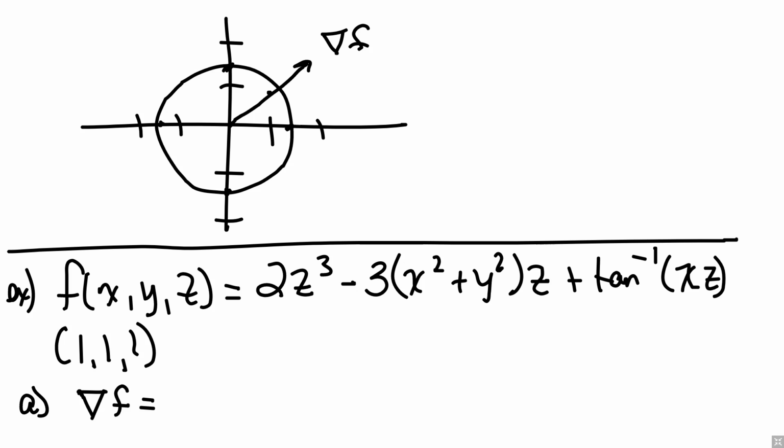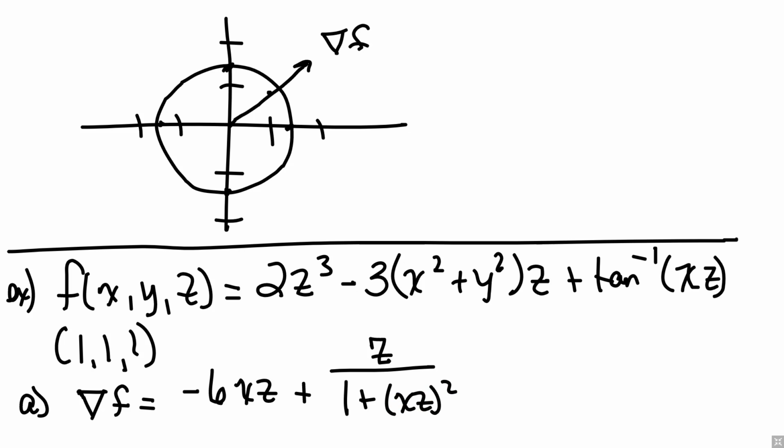We're going to have negative 6x. Let's be careful, so it's going to be negative 6xz, plus z over 1 plus xz squared. And this is in the I direction.